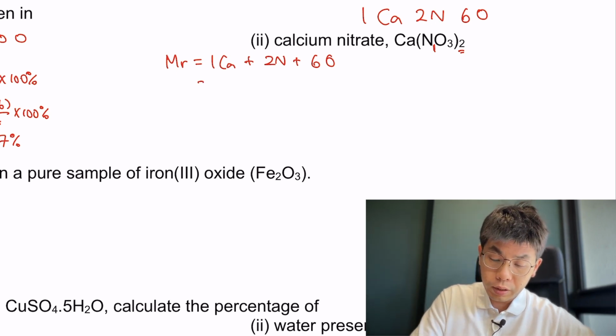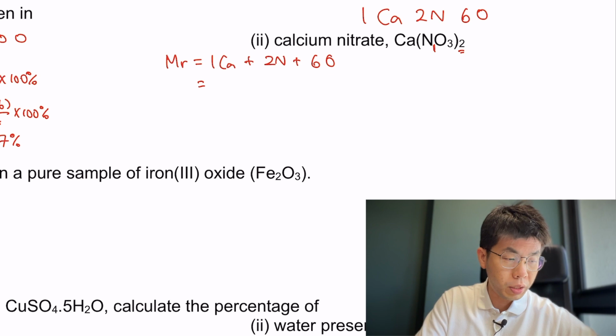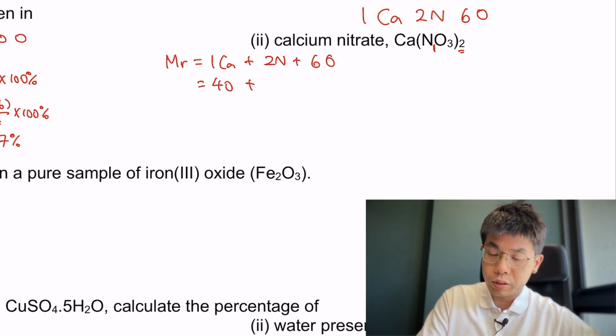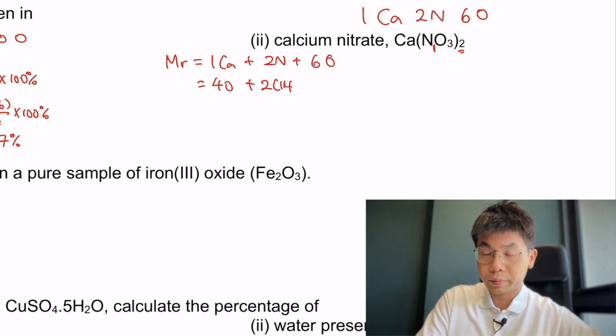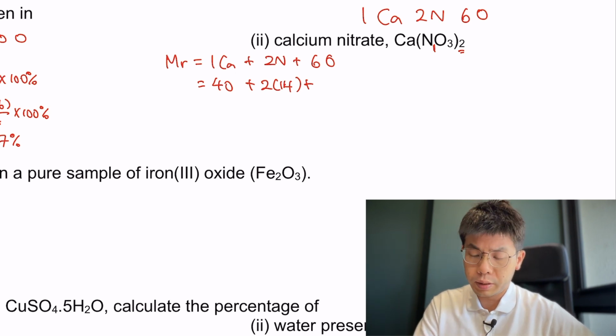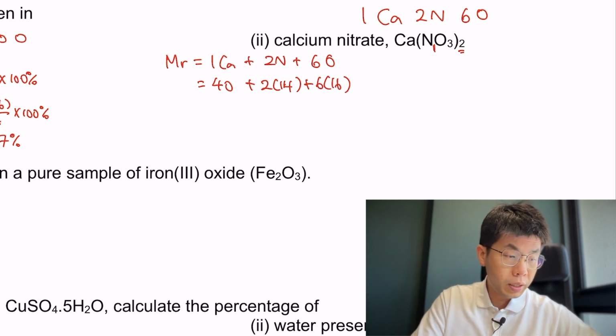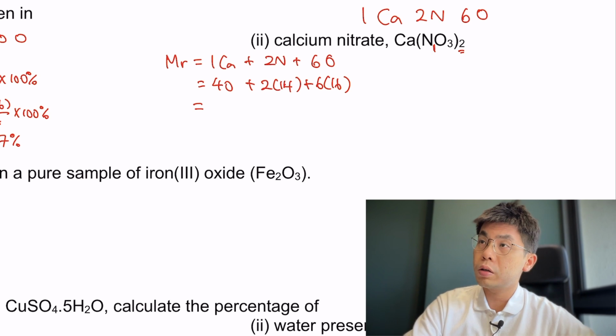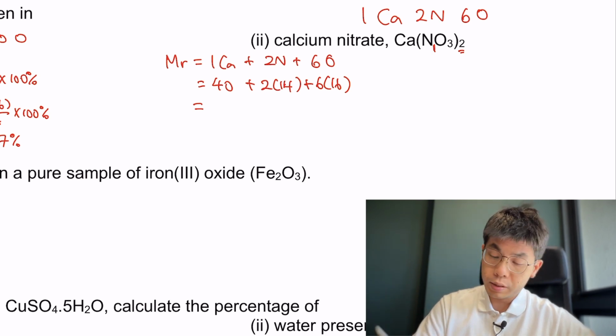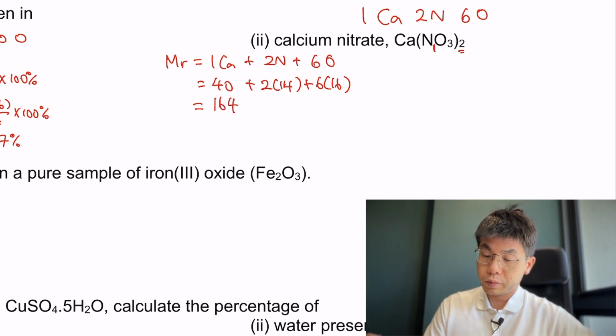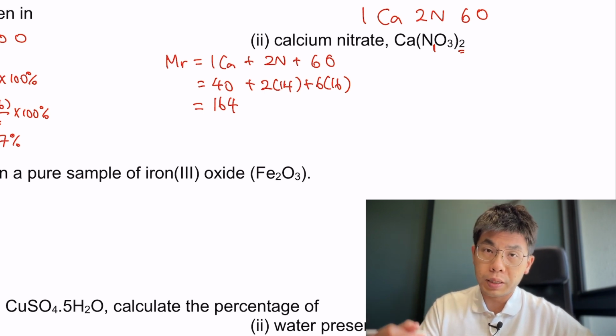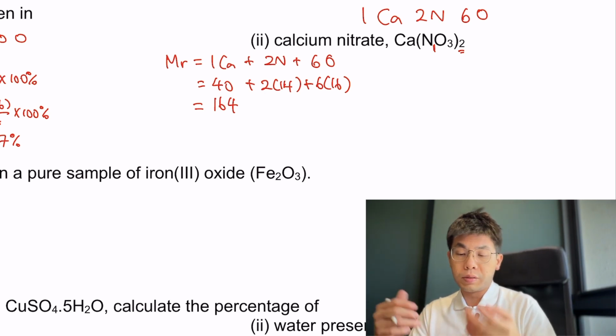So calcium, if you check a periodic table, should be 40. Nitrogen is 14, there are 2 of them. Oxygen, 16, there are 6 of them. And therefore, that will give you a total of 164. So we want to find the percentage mass of oxygen inside calcium nitrate.